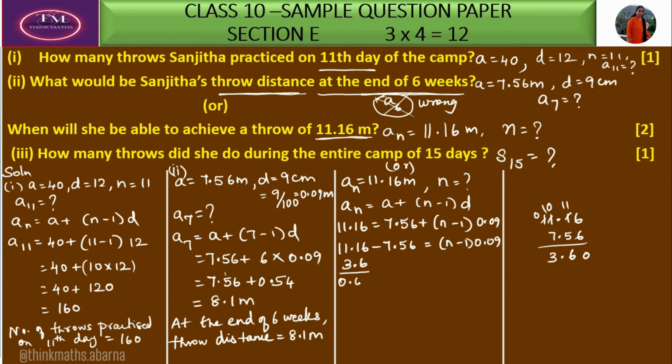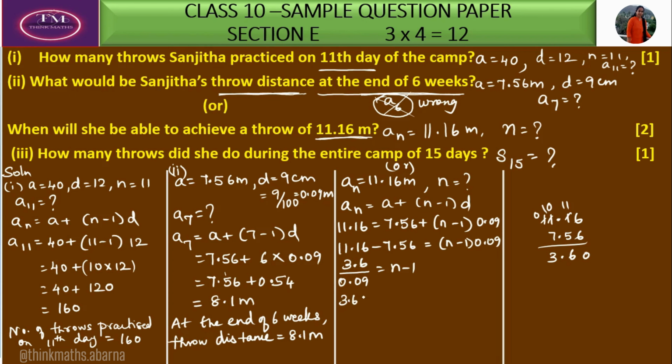This 0.09 is in product. When we change the side, it will come to division. So 3.6 divided by 0.09 equal to n minus 1. To take out the decimal, we have two decimal places, so we multiply by 100 on numerator and denominator.